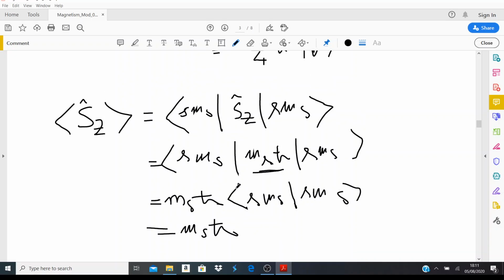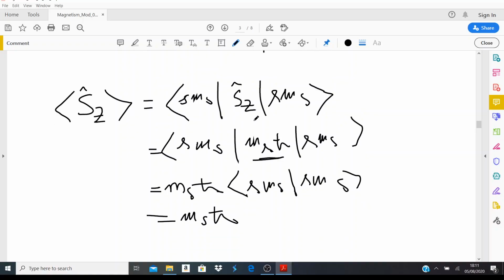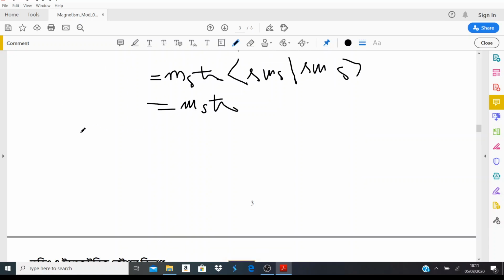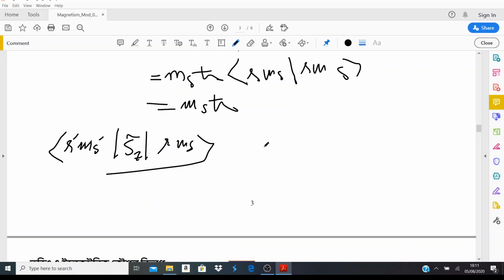It could also be possible that you are asked to calculate this expectation value not between the same state but between two different states. Then how do you do that? Let's say I'm trying to calculate the Sz operator between two different states, s ms and s prime ms prime. Then you know what this part will give you: ms h bar times the same state.